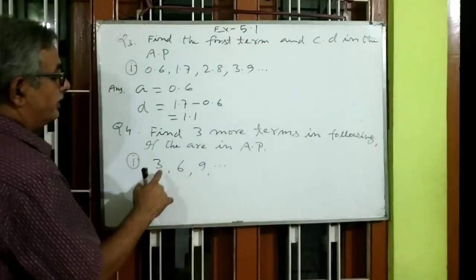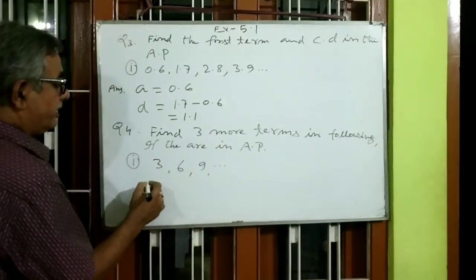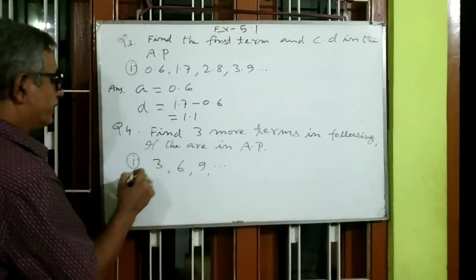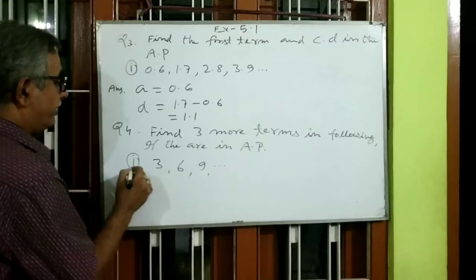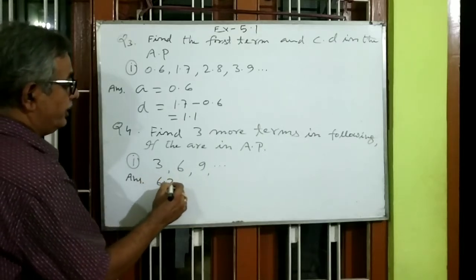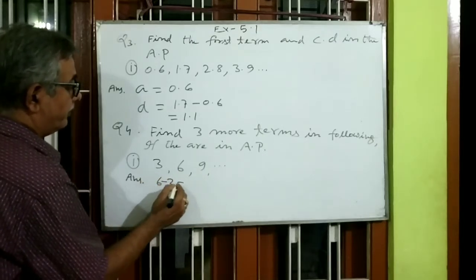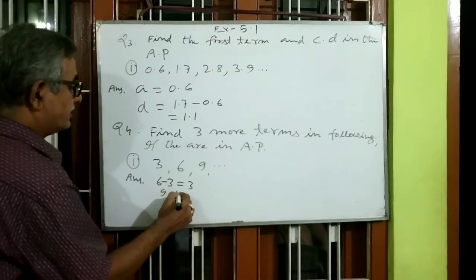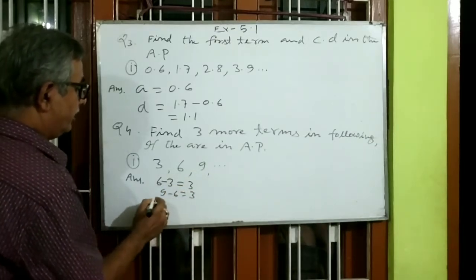Here you see, second term minus first term, what are you getting? You test first of all whether they are in AP or not. 6 minus 3 you are getting 3. 9 minus 6 you are getting 3.